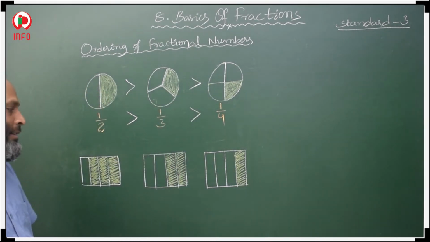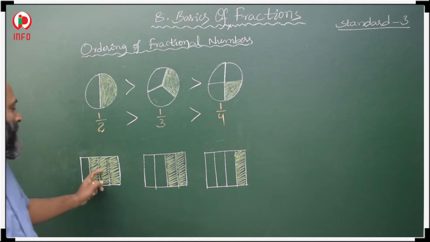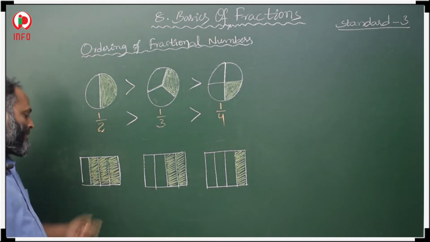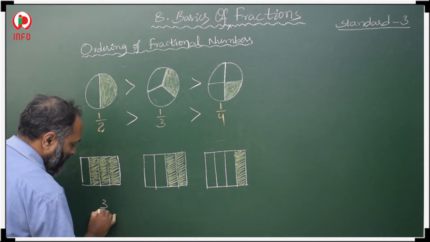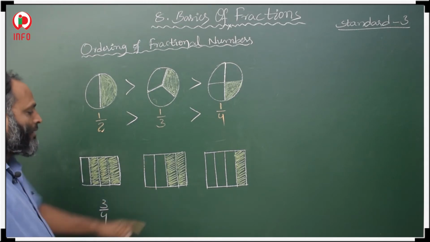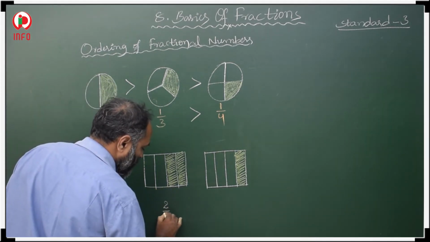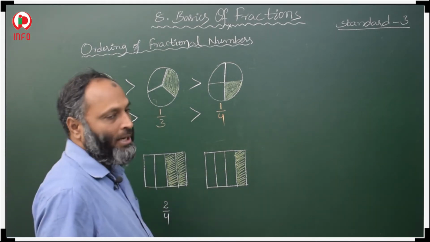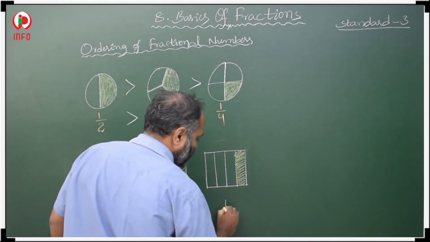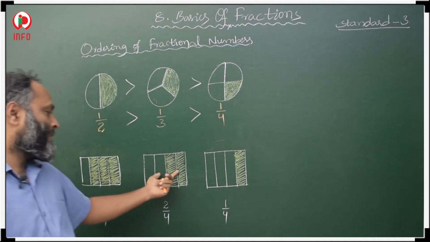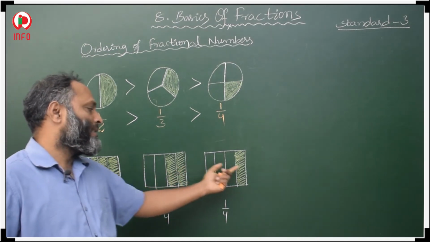Now here these 3 rectangles are given. In this rectangle 3 parts are shaded out of 4, that is 3 by 4. Here 2 parts are shaded, it is 2 by 4. Here one part is shaded, that is 1 by 4. Here the shaded portion is greater than this and the shaded portion is greater than this.